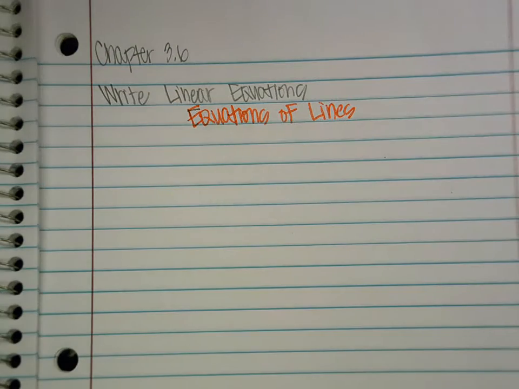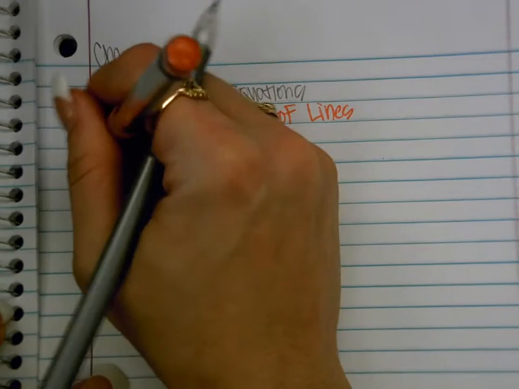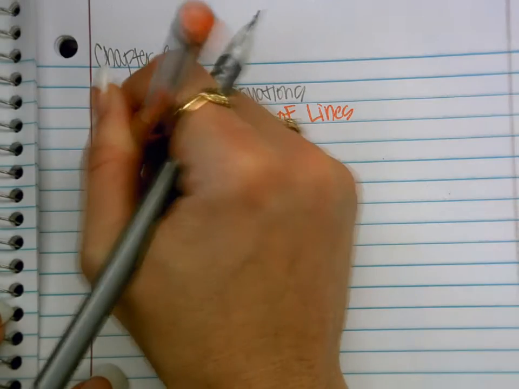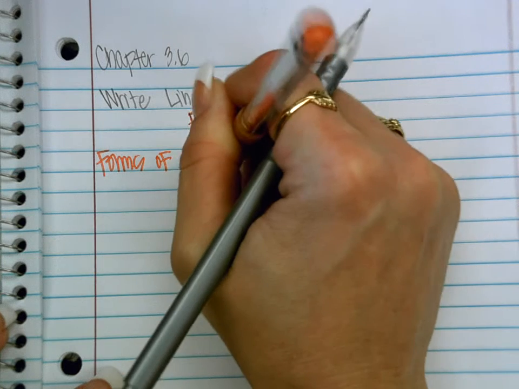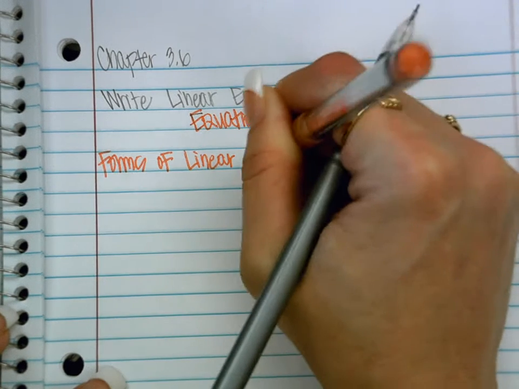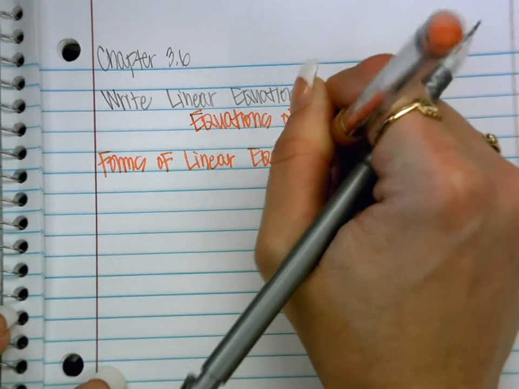So we have already written some equations of lines. We know one form. There are different forms of linear equations.